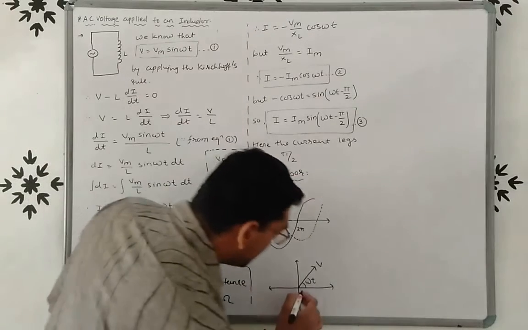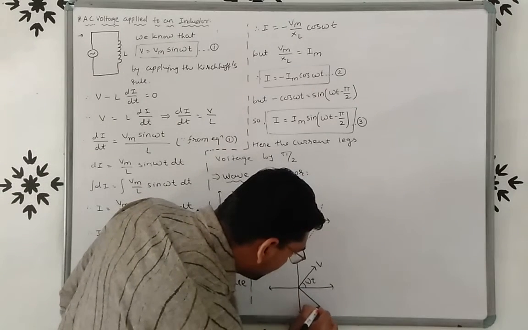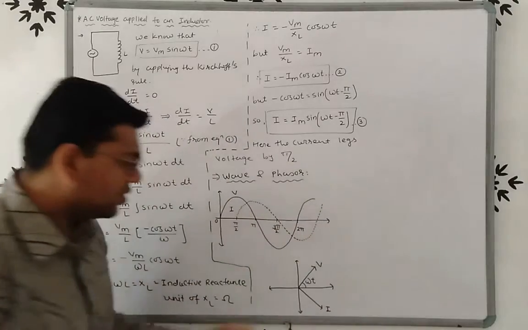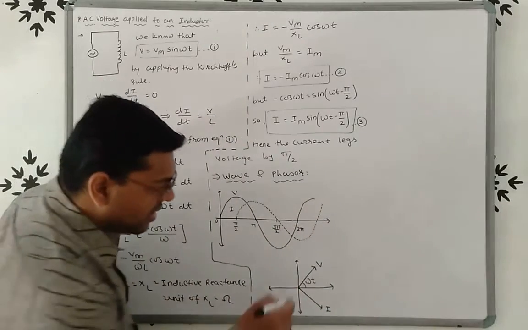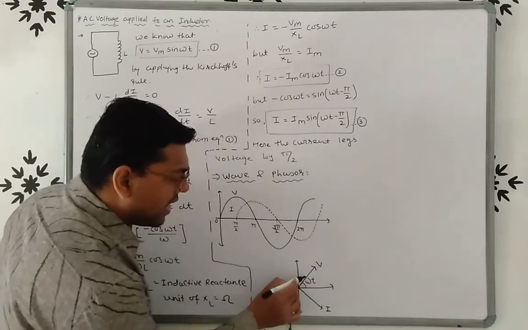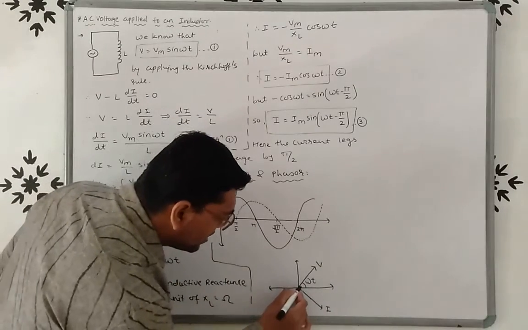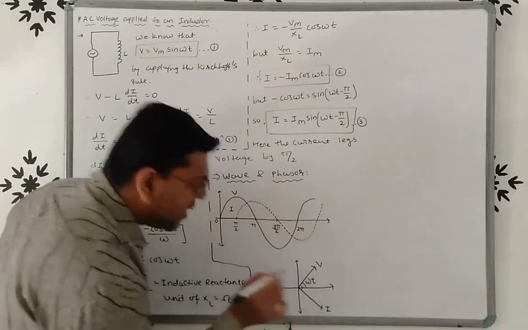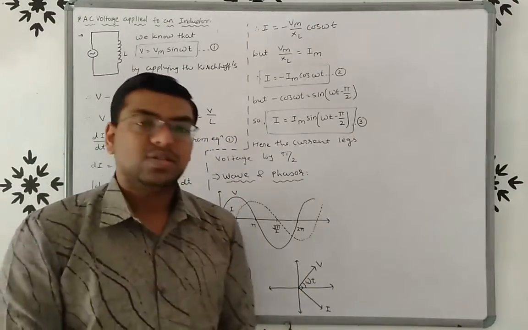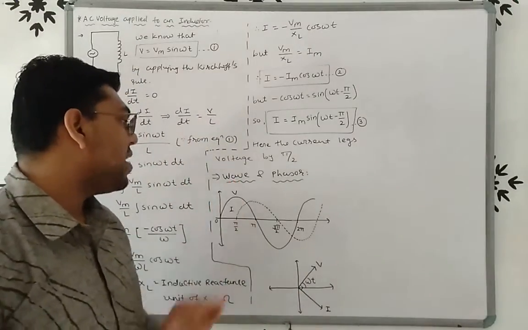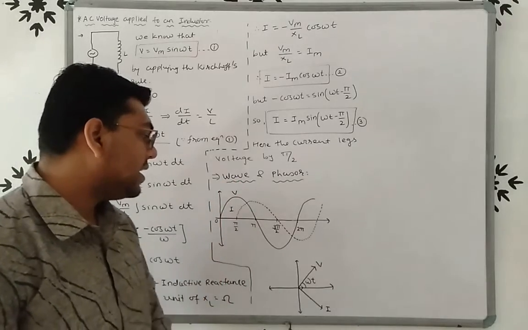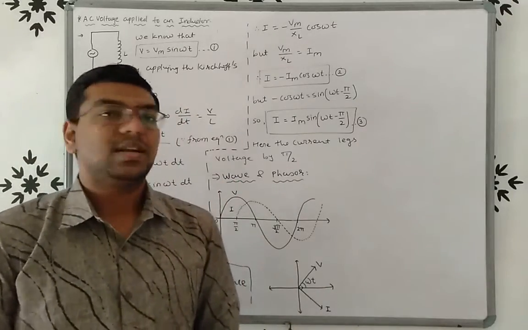So here the current is like this. You can see from this figure, this current lags the voltage by angle pi by 2. See this angle pi by 2. So this is the wave of voltage and current, and this is the phasor.